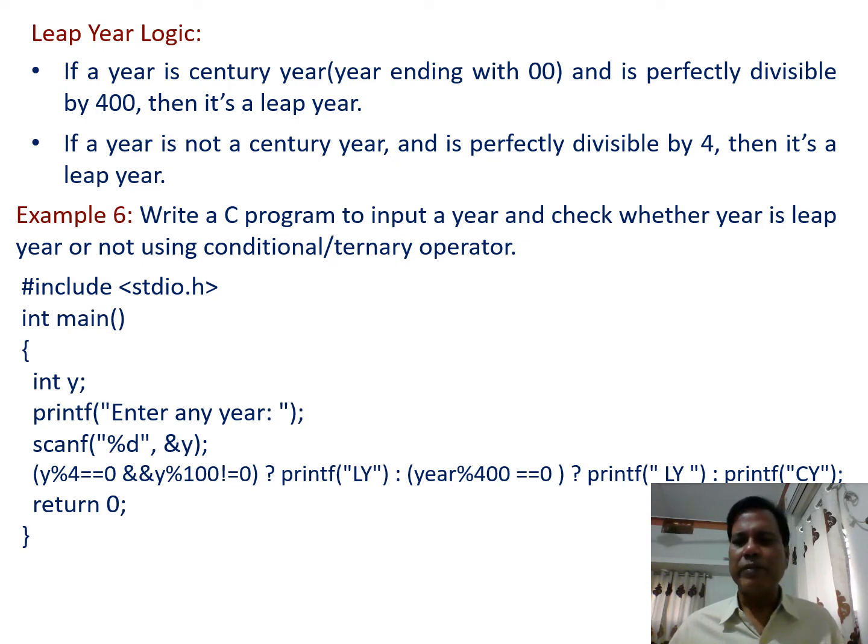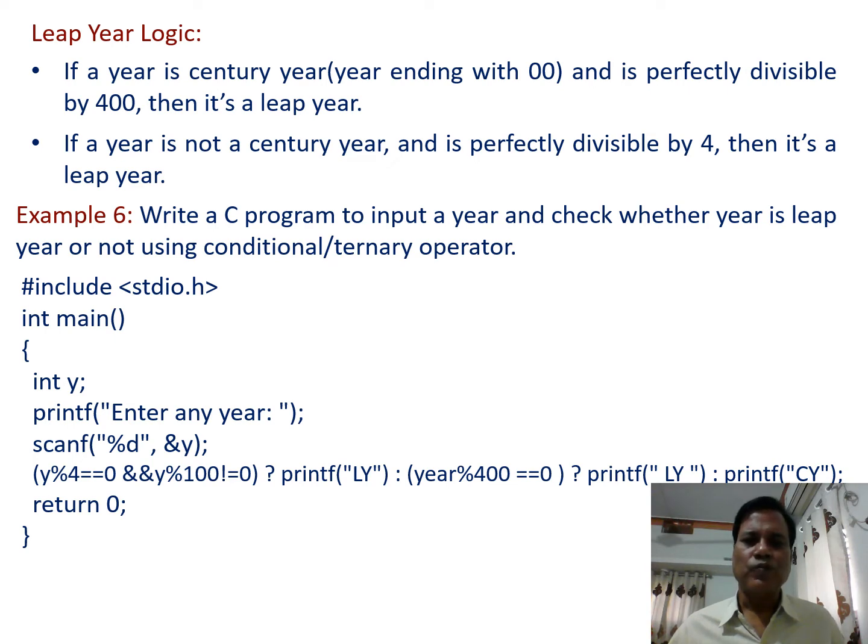Then the next statement is the conditional operator. Expression 1 is y modulo 4 equal to 0 and y modulo 100 not equal to 0. That is, if the year is divisible by 4 and is not a century year, then we print that the year is a leap year.